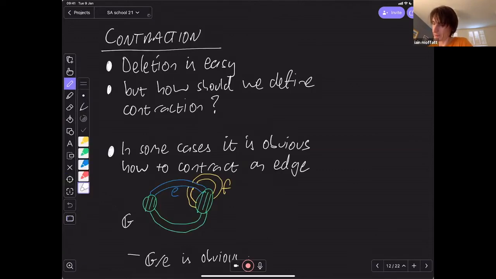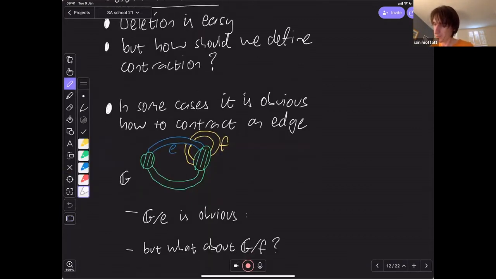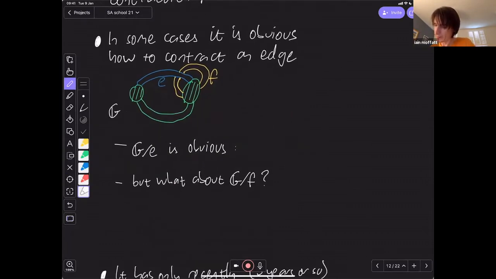But then you come to the question of, well, deletion is easy. I just throw away an edge, but how should I define contraction? And in some cases, it's kind of obvious what you should do. If you're just trying to dream up a definition of contraction, one thing I could try and do is just identify all of the edge and its 2 ends.